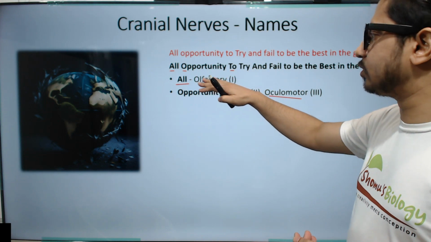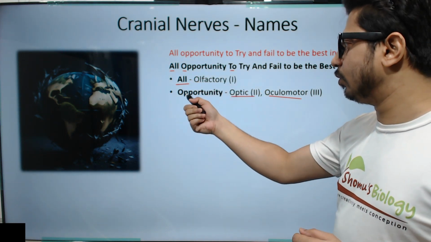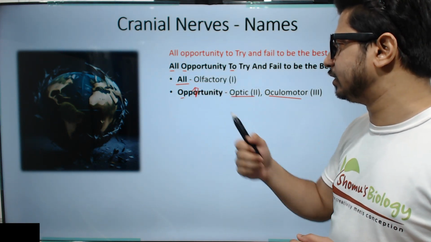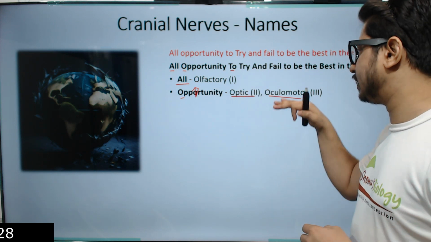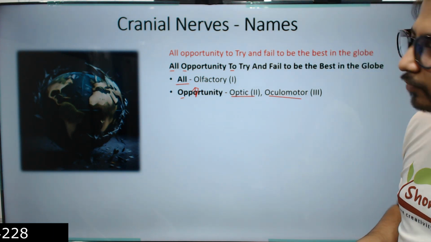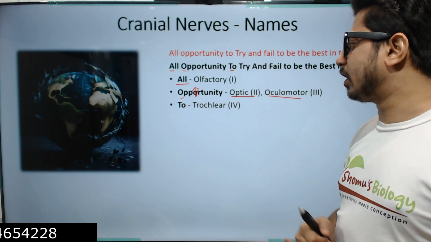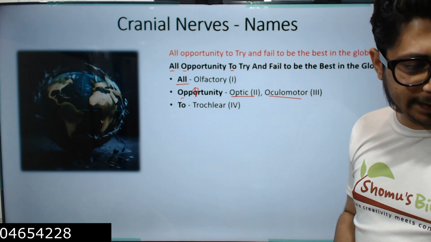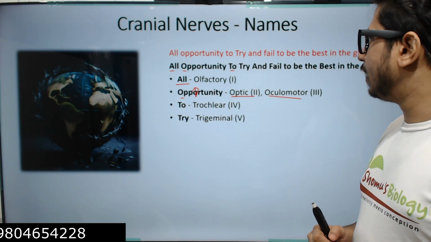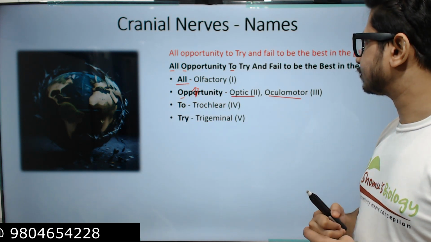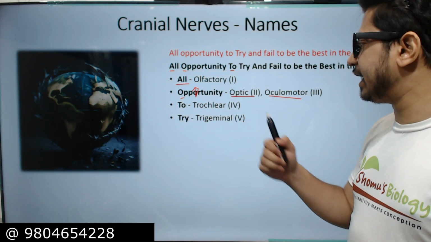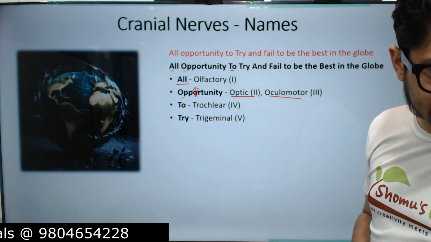So the first one, olfactory, is done, then we have O, opportunity. Two O's are there in opportunity: one is for optic, another is for oculomotor. Then comes T for trochlear, the fourth cranial nerve. Then comes try, T for trigeminal, the fifth cranial nerve.